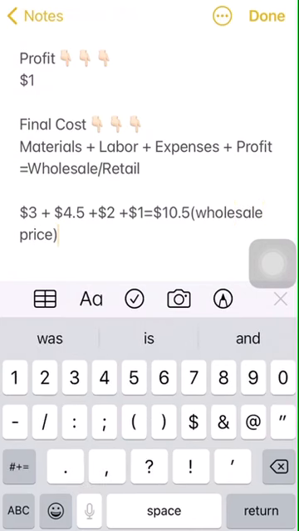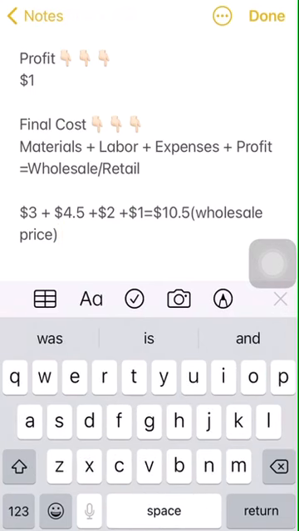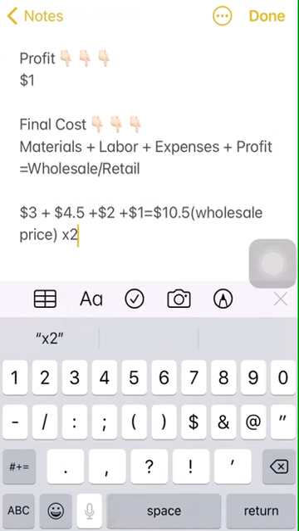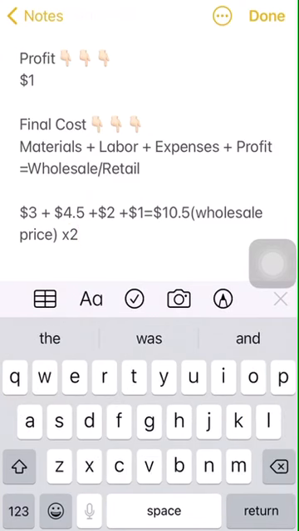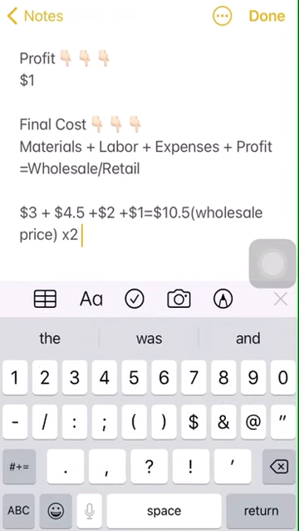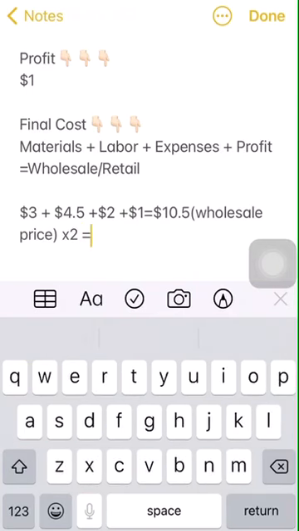So now it means your retail price will be times 2 of the wholesale price, or times 1.5. So wholesale times 2 equals retail.